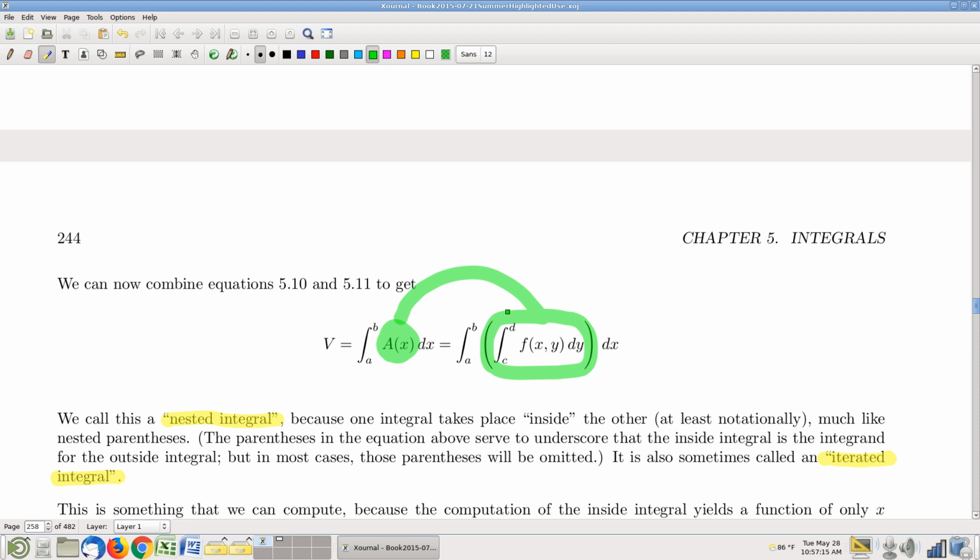So altogether, the volume is an integral of an integral. Isn't that weird? You've probably never seen an integral inside of another integral before. It gets us there. It's a way to approach the problem.